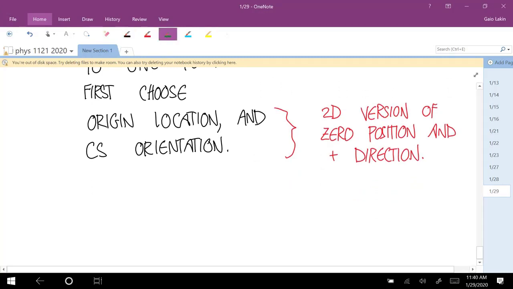So once you choose those, even before you choose them, the object that you're tracking exists whether you're there measuring it or not. But once you choose where the coordinate system is and the orientation of the X and Y axes, the position vector is the vector that goes from the origin of the coordinate system to the object.